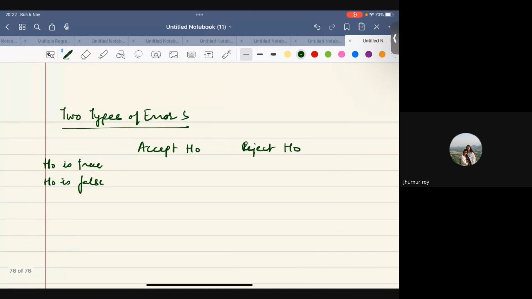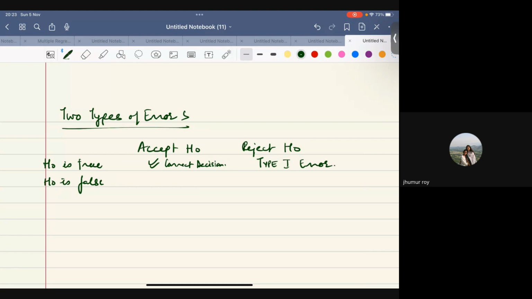So if H0 is true and I accept it, then this is a correct decision. The null hypothesis is true and you have accepted it, so it is called a correct decision. Now the second one is when H0 is true, but you reject it. Then this is a wrong decision, called type 1 error.